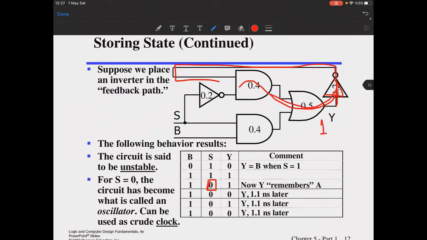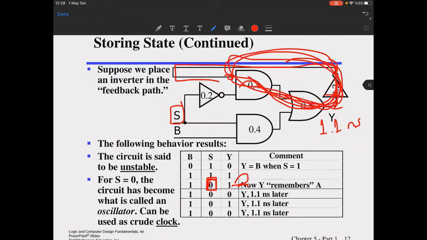You see, 1.1 nanoseconds delay in this path, and as long as this select signal is 0, this path will be selected, and now Y remembers A, then it becomes 0. Now it is, for example, 1 here, but you have 0 waiting here, and it will take effect right here. Then it will become 1, it will become 0, it will become 1. You see, it starts oscillating like this.